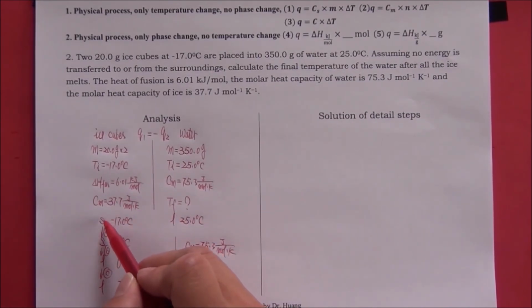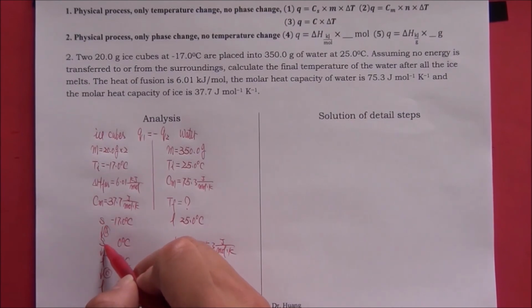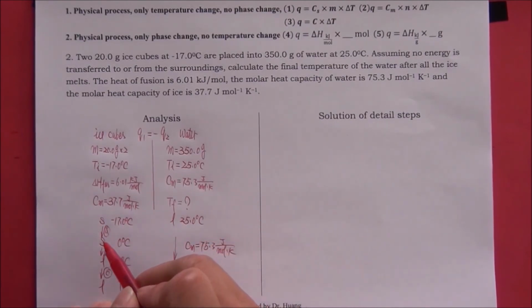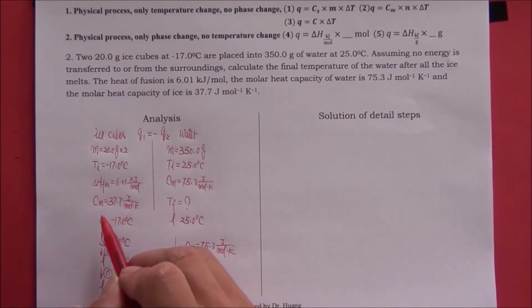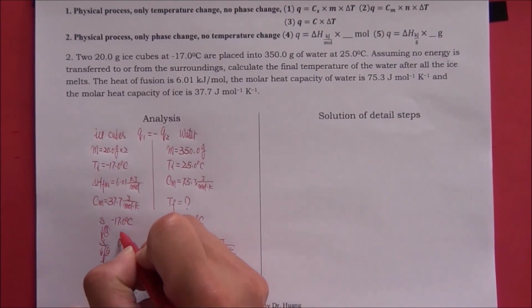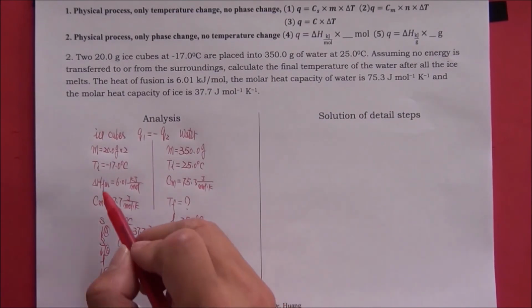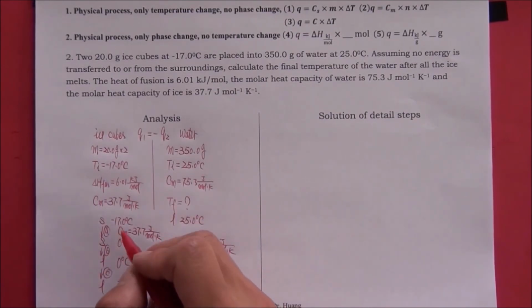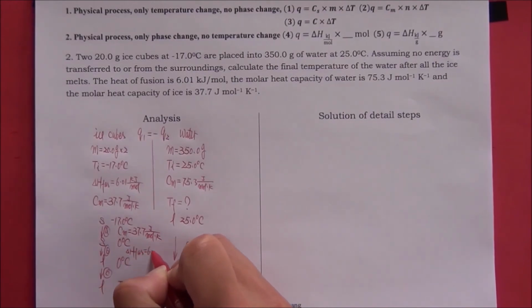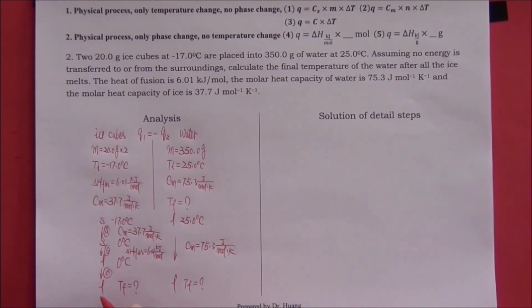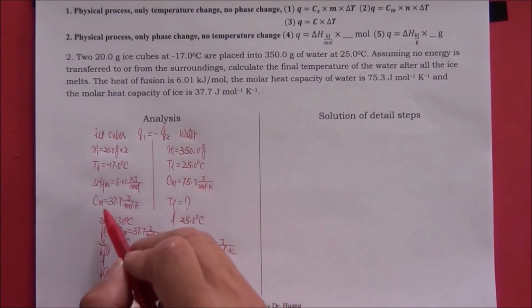For step A, we have ice. Therefore, we need to put down the molar heat capacity of the ice here. For step B, we only have a phase change. So we put down delta H fusion. And for step C, this is in liquid state. So we should use the molar heat capacity of the water, not the ice.